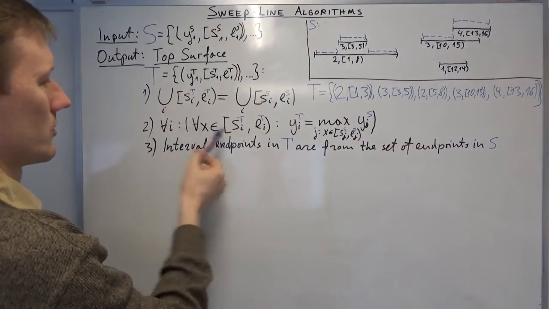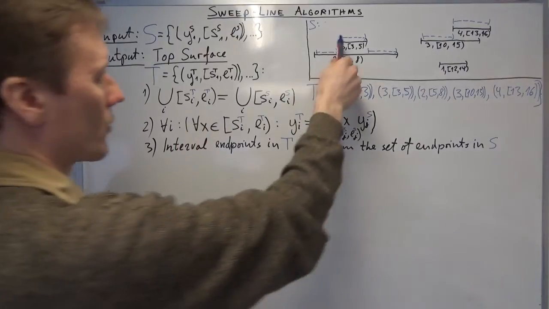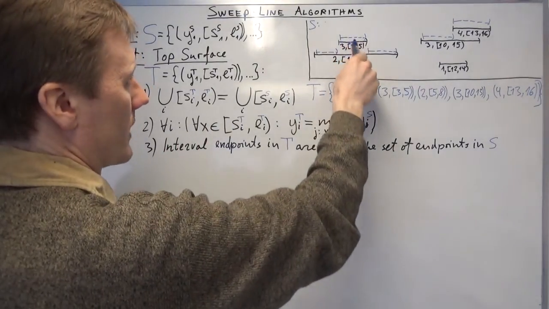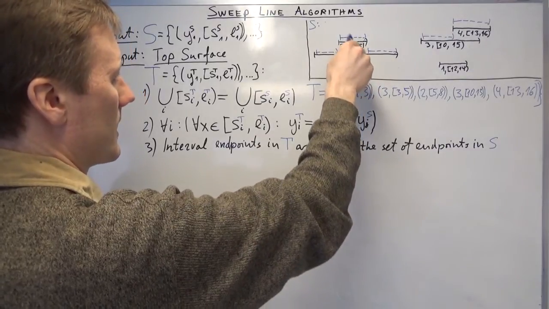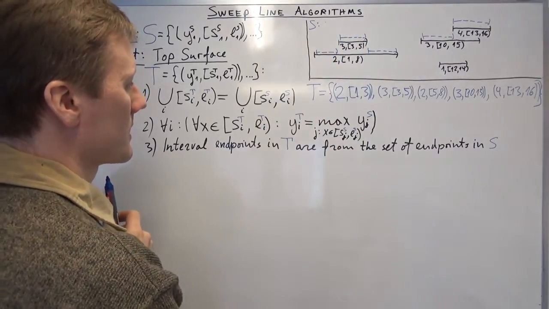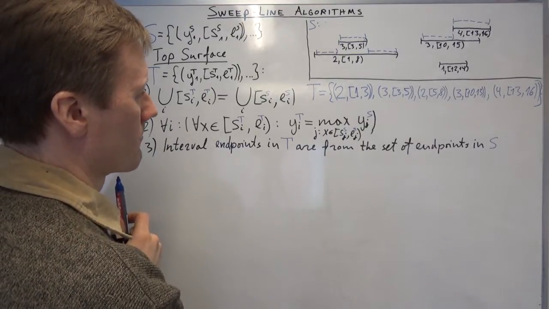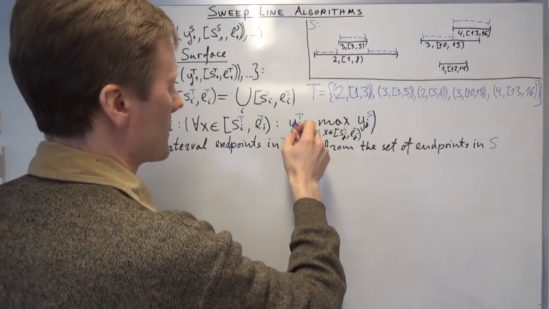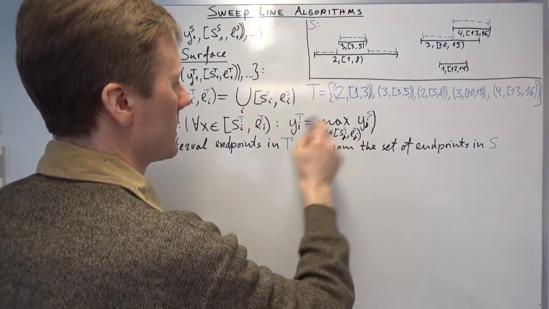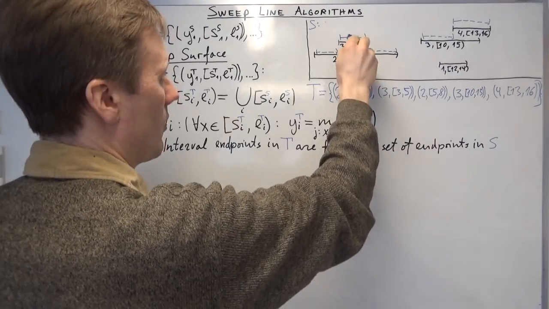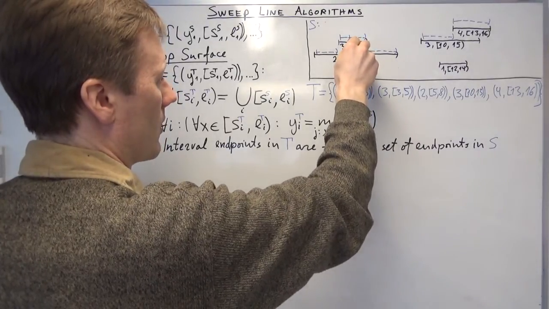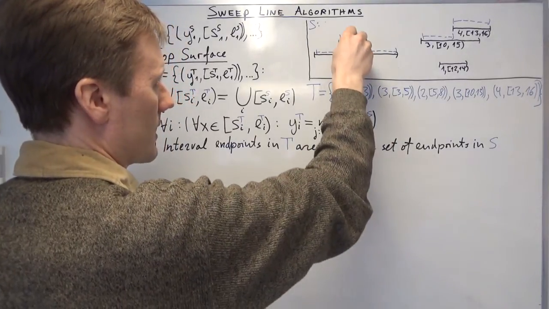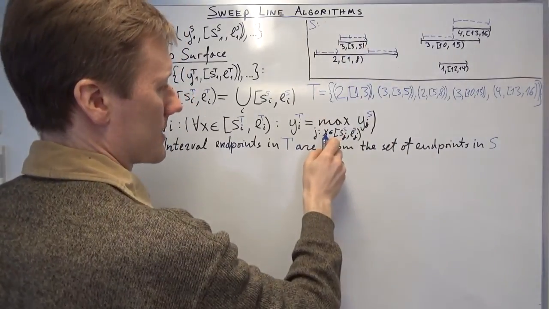and condition 2 says that for any of the blue intervals, if we look at any of the x-coordinates in that interval, then we can guarantee that the y value of this interval is equal to the max of the yj's of all the intervals that cover this x.